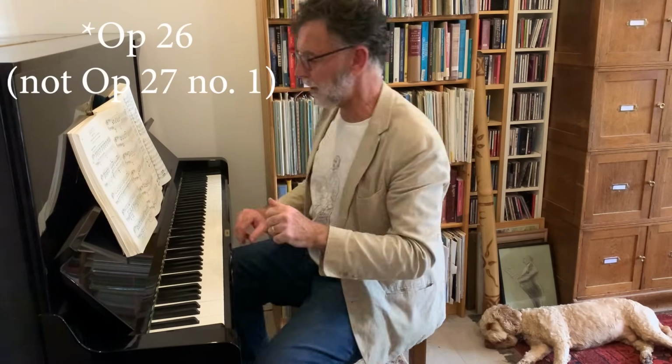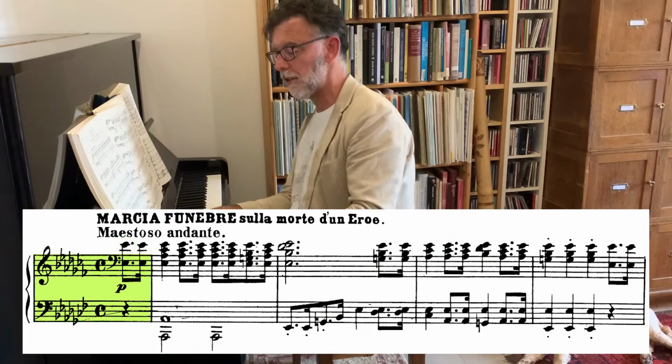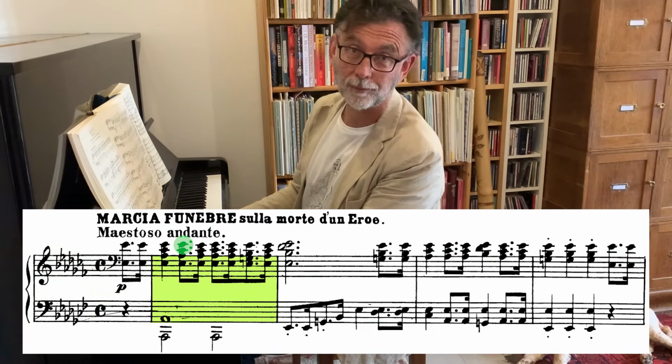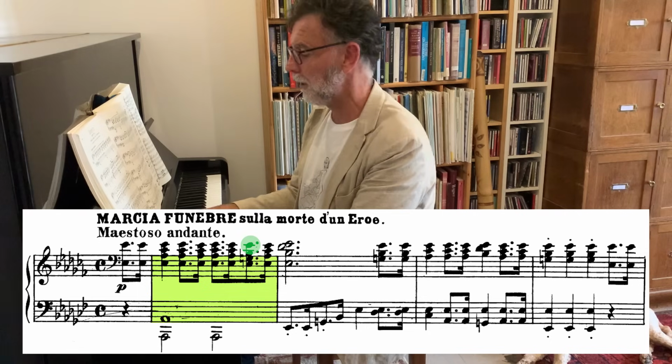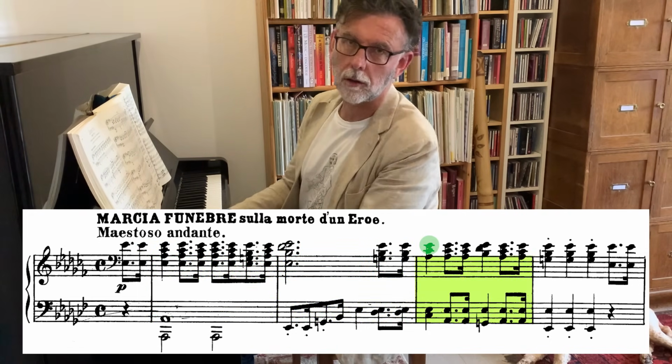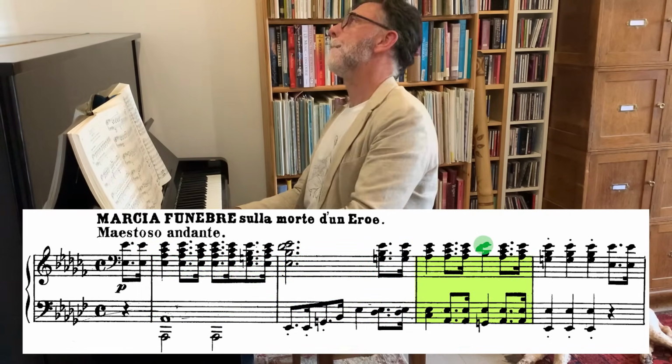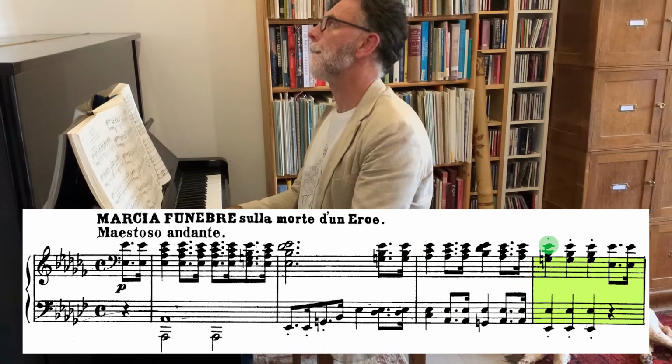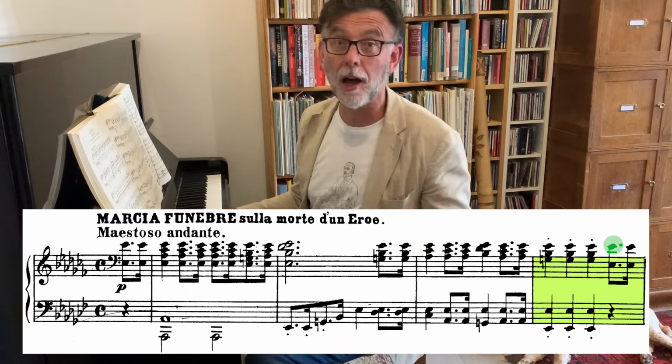Very interesting. If you go back to Beethoven's previous sonata, Opus 26 in A flat major, the third movement of that piece is this. So it's a funeral march, and it has that same rhythm with the same repeating note in dotted rhythm.